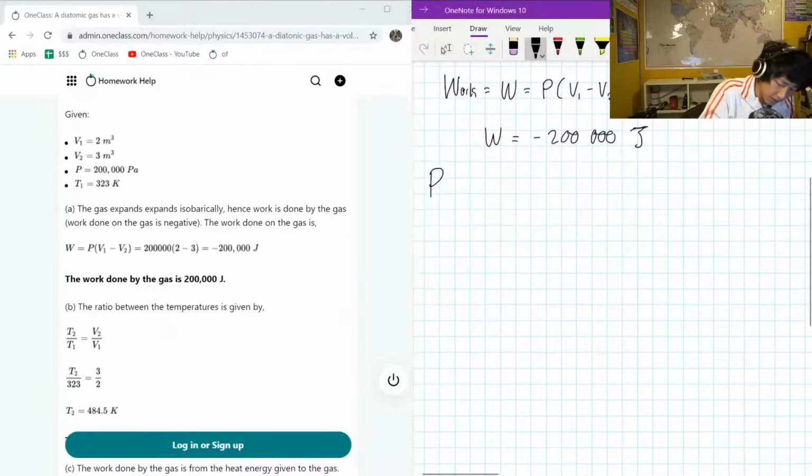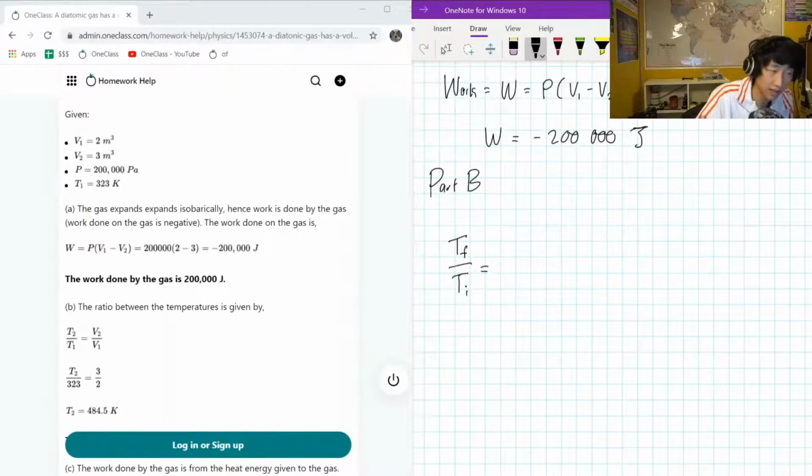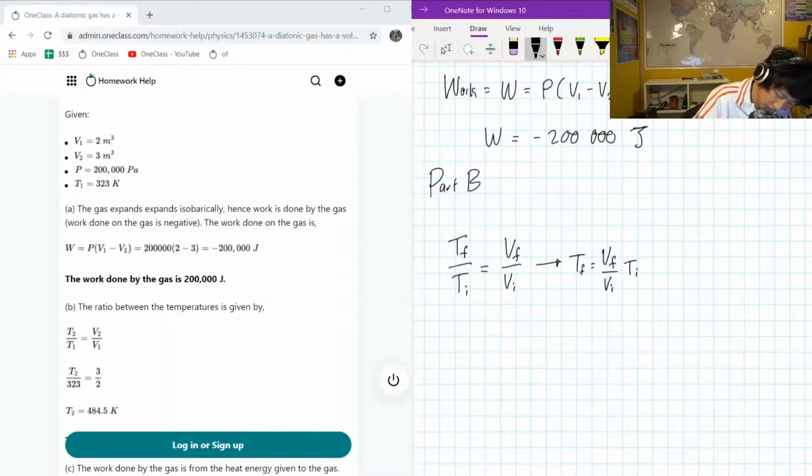Okay, so for part B, we know that our relationship is going to be our final temperature over our initial temperature. The ratio between our final and initial temperature has to be the same as the ratio between our final volume and our initial volume. So if we're trying to solve for our final temperature, we have to do our final volume divided by initial volume multiplied by initial temperature.